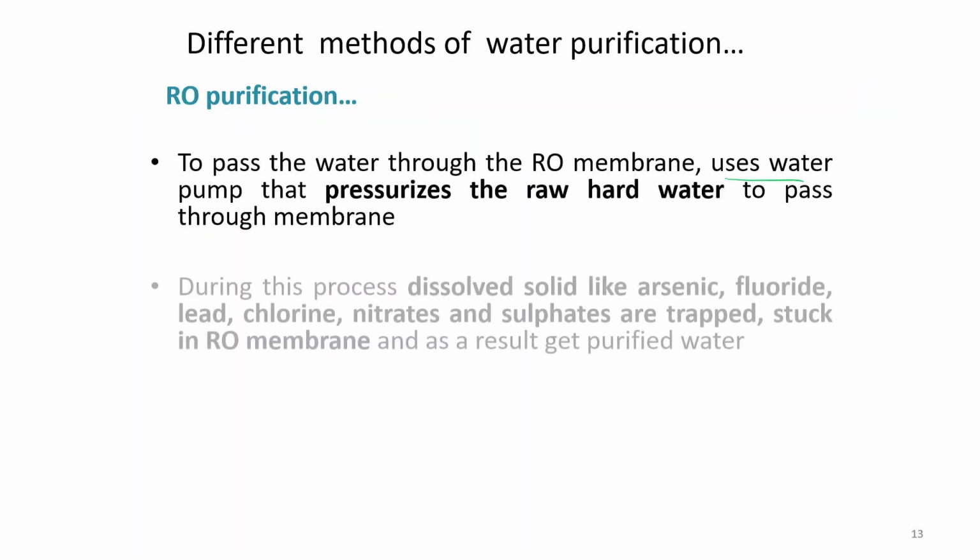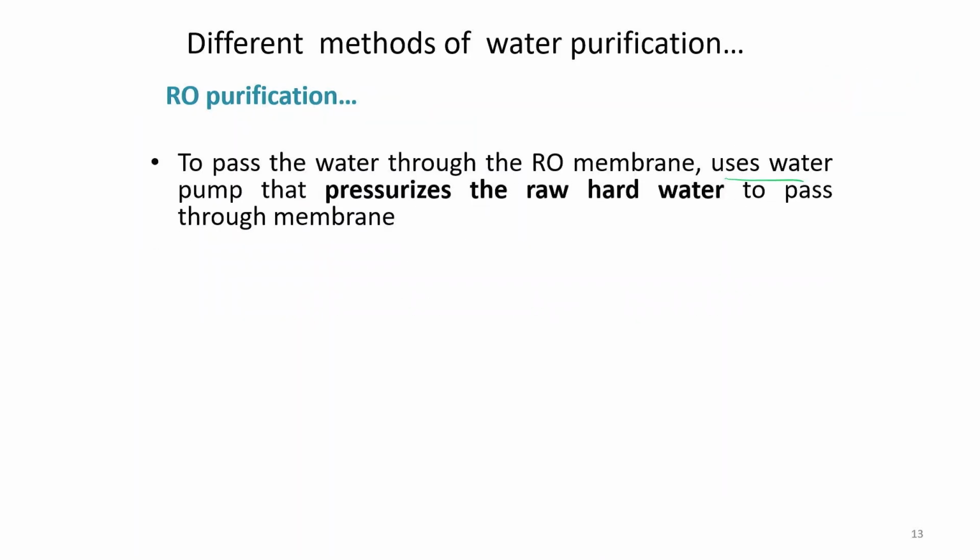We use the water pump to pressurize the raw water, which is hard water. That means dissolved salts are there, that is why it is hard water, and this pressure drop helps the water pass through the membrane. Here we need a certain pressure drop.